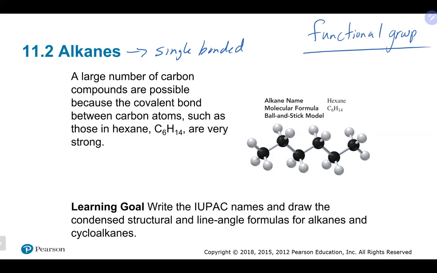For example, some people will say that the alkane's functional group is the carbon-carbon single bond. The carbon-carbon single bond is what makes it an alkane. When you have a carbon-carbon double bond, it's no longer an alkane, it's what is known as an alkene. When you have a carbon-carbon triple bond, it is now an alkyne.